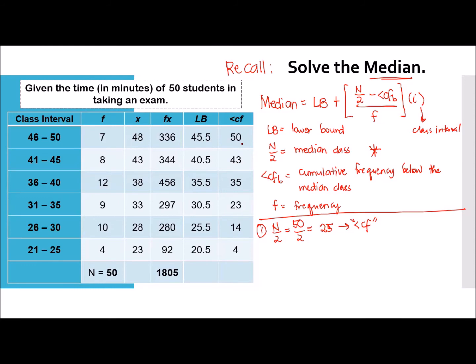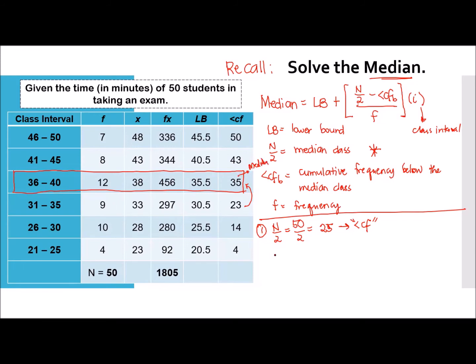Okay? So, nasaan si 25? So, kabilang siya kay 23 to 35. Tapos, piliin ninyo yung mas mataas. Okay? So, ibig sabihin, yung row na to, nandyan ngayon si median class or nandyan si median.